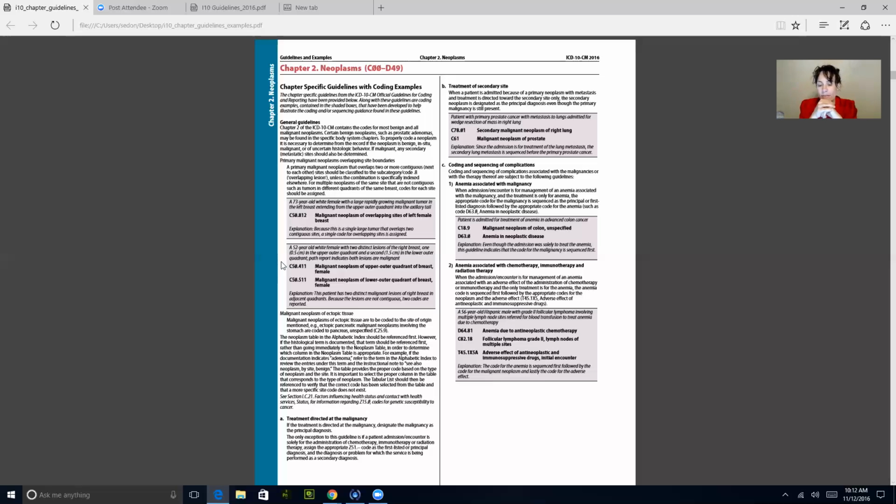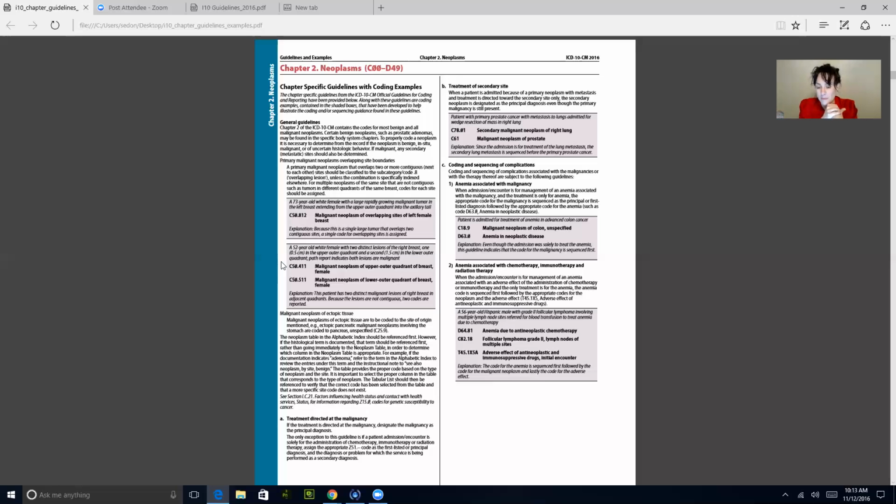Coding and sequencing of complications. Coding and sequencing of complications associated with malignancies and with the therapy thereof are subject to the following guidelines. So we have an anemia associated with malignancy. When an admission encounter is for the management of anemia secondary to malignancy and the treatment is only for that anemia, the appropriate code for the malignancy is sequenced as the principal or first listed diagnosis, followed by the appropriate code for anemia.